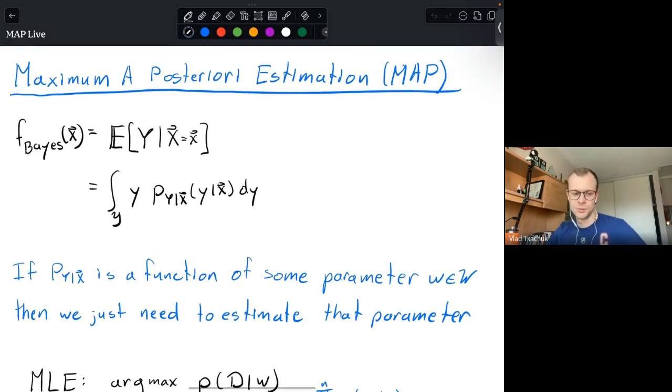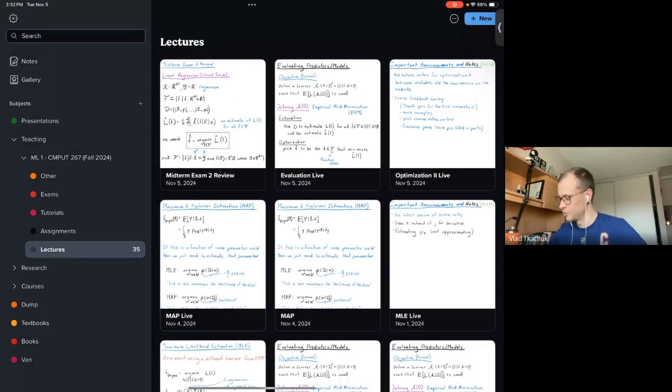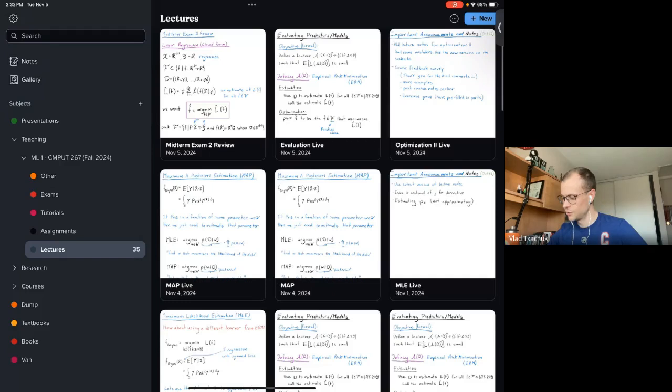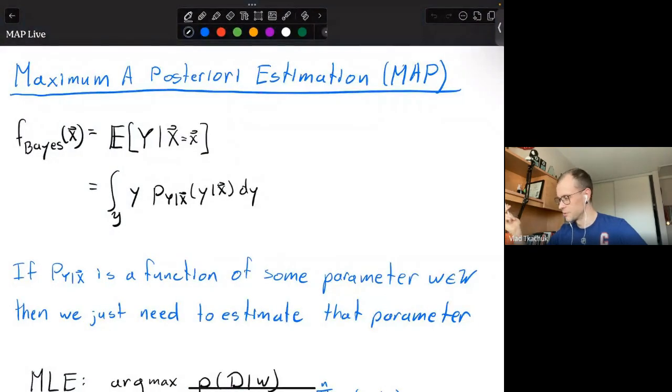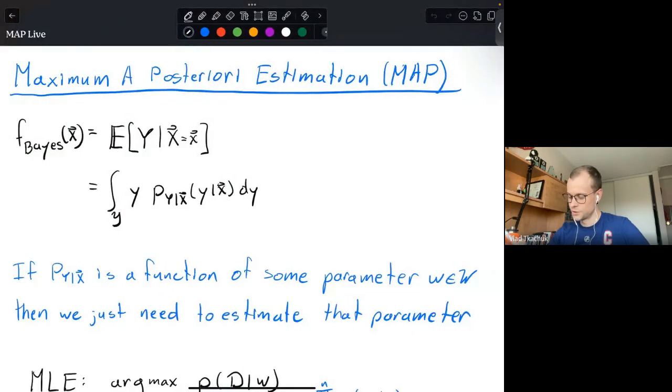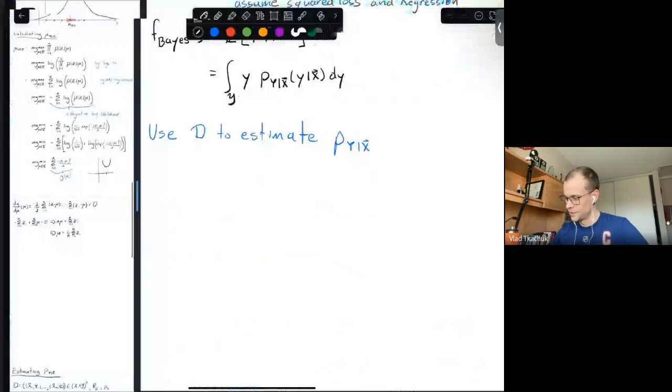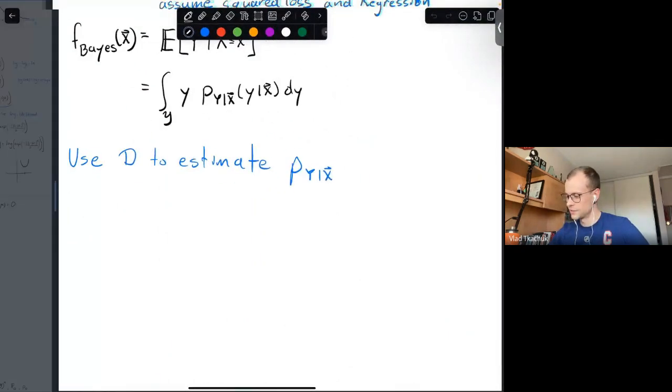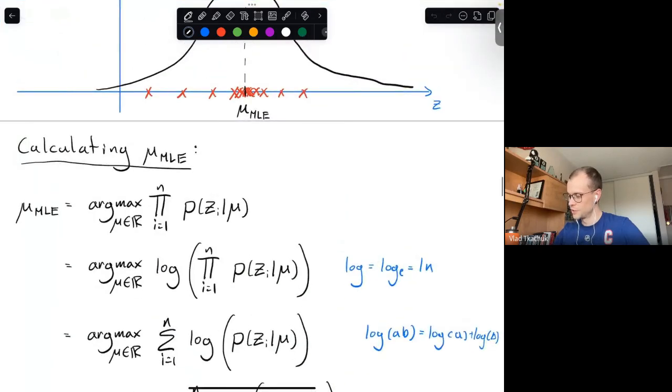So last lecture, we ended with this maximum likelihood estimation. And maybe I go to the end of that to give you an idea where we ended off. Oh, sorry. Yeah, the maximum likelihood business was over here.